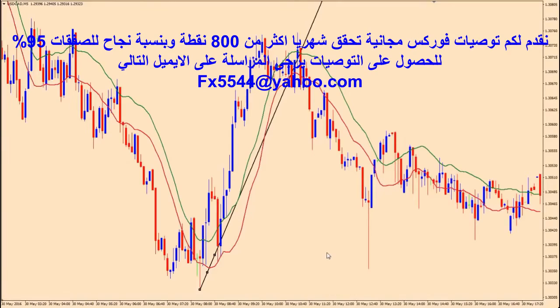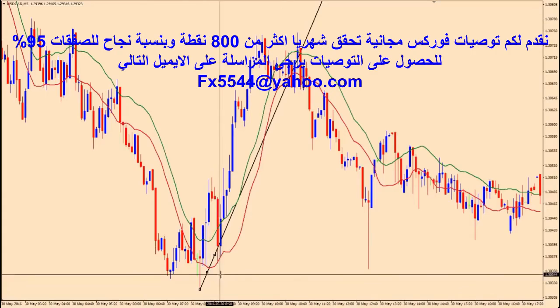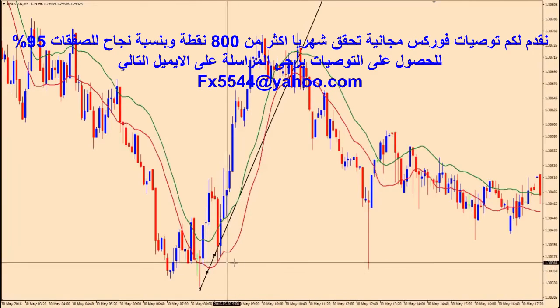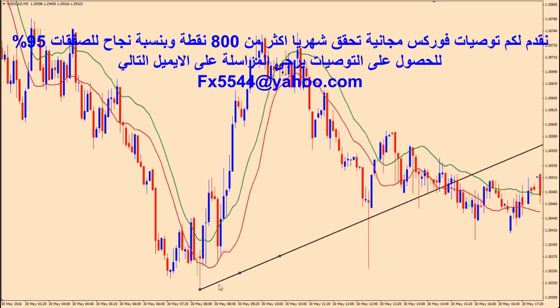Because it touches the red line right here and comes right up and eventually touches the green line, it produces the zone of opportunity from here to here, in which case we get our low right here at the trend line. Then the market moves up from that. So there are times where you have to pay attention because it happens right away. Then there are other times, like the example I just showed you, where you might have to wait several days for it to cross over and you might actually forget about it.